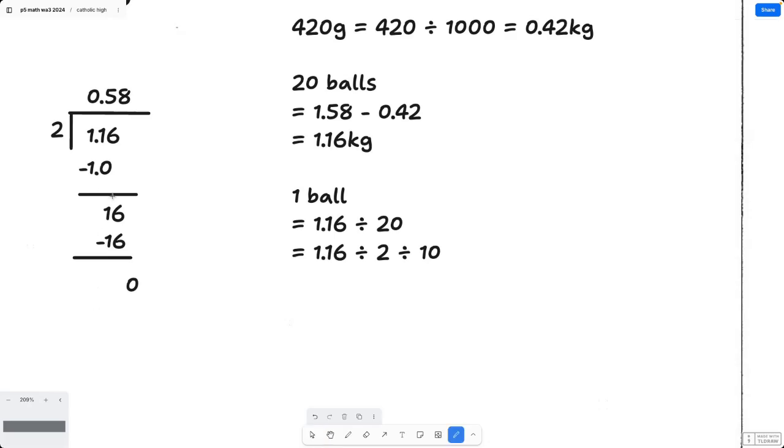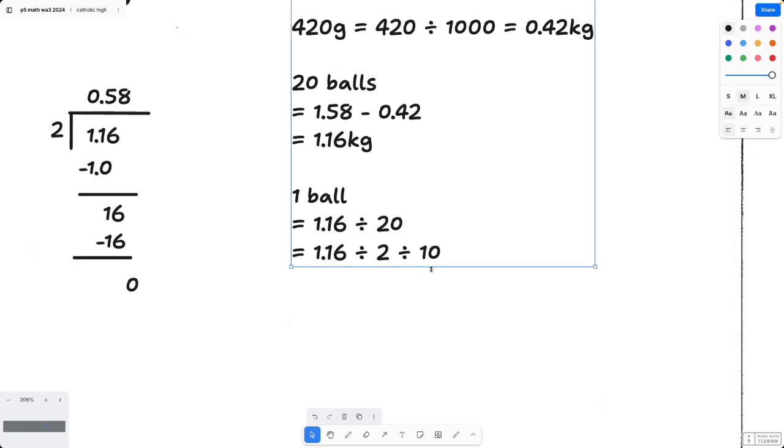1.16 divided by 2 gives us 0.58. Why? Because we have 1, we cannot minus 2, we just minus 10 or 1.0. So make sure you have 0 point as well. Then this will bring us 16, so 16 minus 16, which is 8. That is where the answer 0.58 comes from.